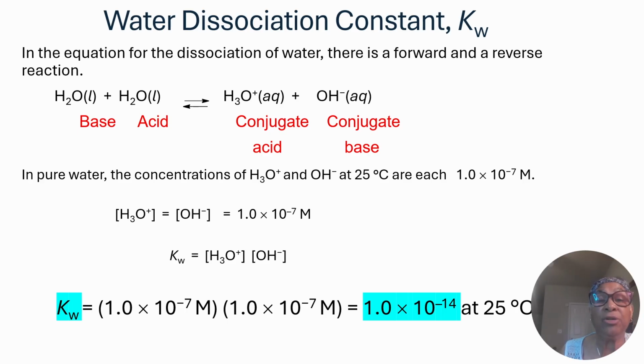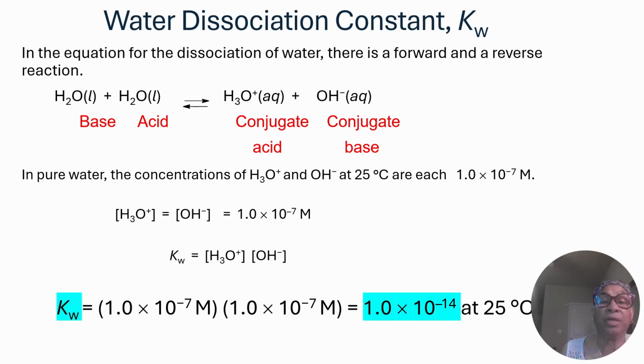If you measure the concentration of one, you know the concentration of the other. When the concentration of hydronium increases, the concentration of hydroxide must decrease, so the product stays the same. They are inversely proportional. All aqueous solutions contain both hydronium and hydroxide.